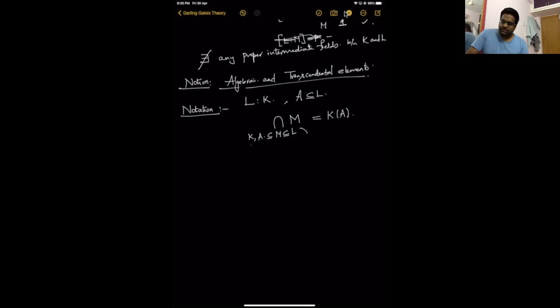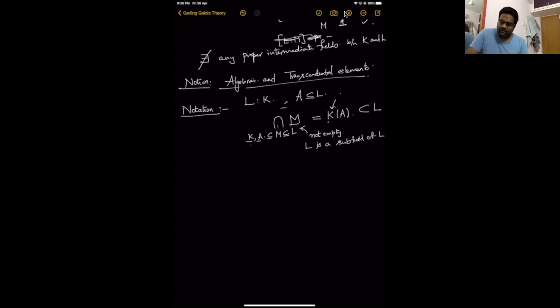Note that this intersection is not empty, because L is a subfield of L which contains both K and A. So L participates in this intersection, and therefore it is not an empty one. This intersection is contained in L, and it is a field because intersection of fields is always a field.